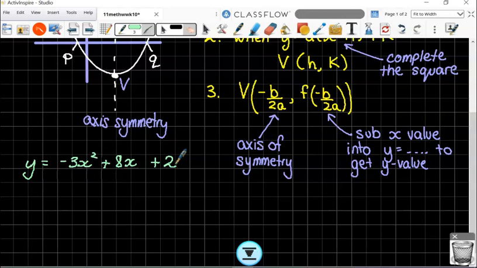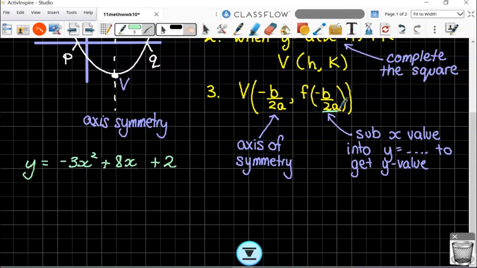Have we seen it? Yes, I've written on the board already a couple of times. This is our formula. We recognize the minus b on 2a because that's our axis of symmetry. This is just fancy pants notation for sub this value back into the original equation to get your y value. We've seen the b, we've seen the a, all groovy. Agreed?